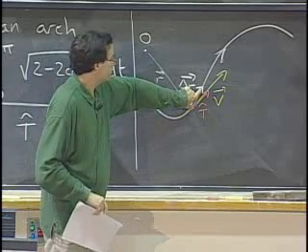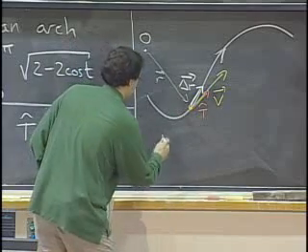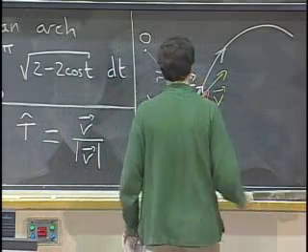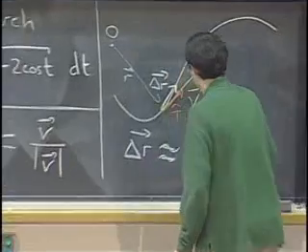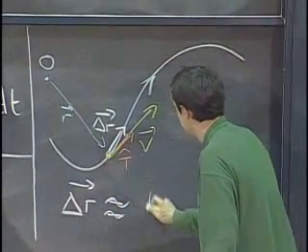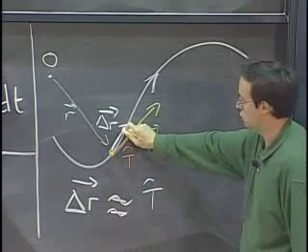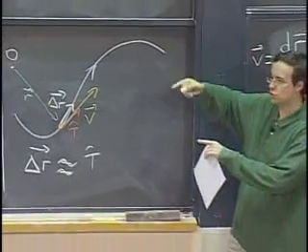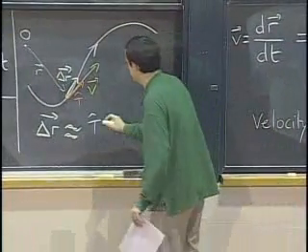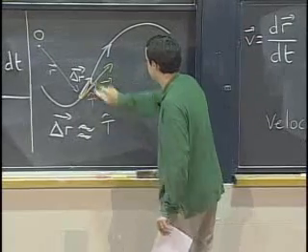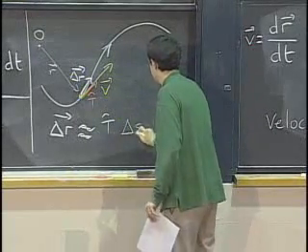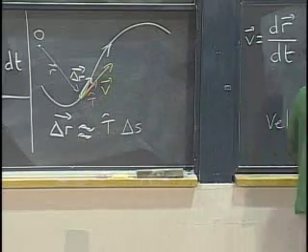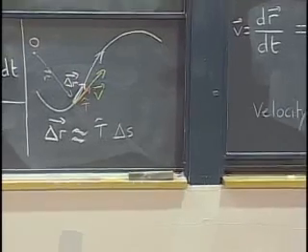And now delta r should be roughly equal to, well, its direction will be tangent to the trajectory, if I take a small enough interval, then the motion will be almost tangent to the trajectory, times the length of it will be delta s, the distance that I have traveled. Okay, maybe I should re-explain that on a separate board.